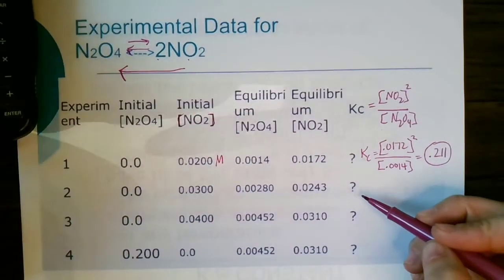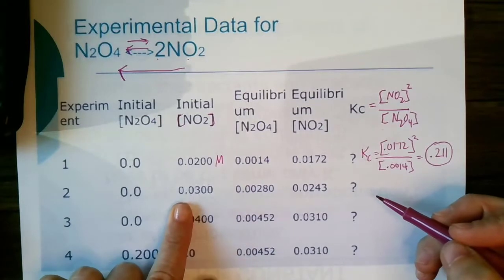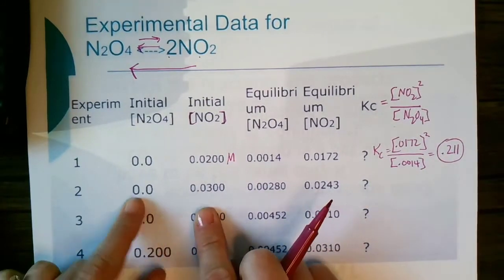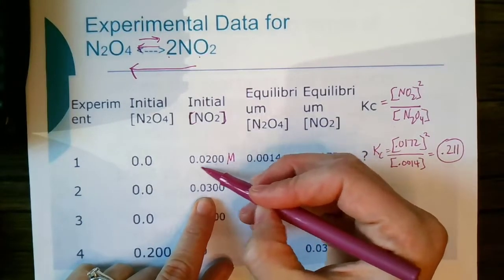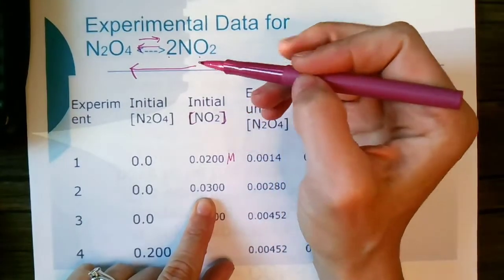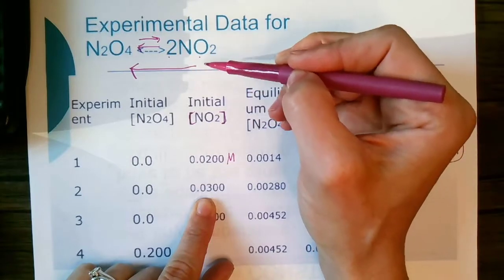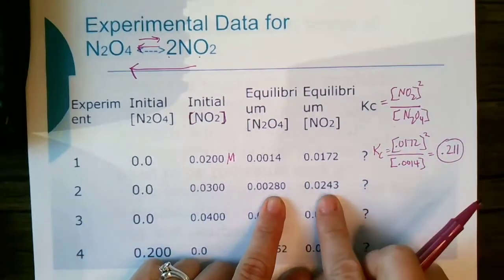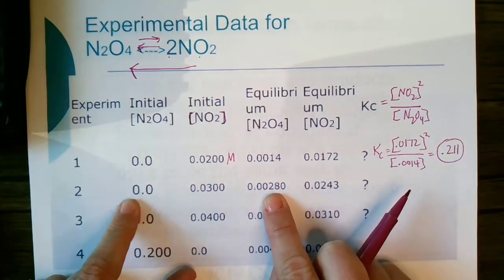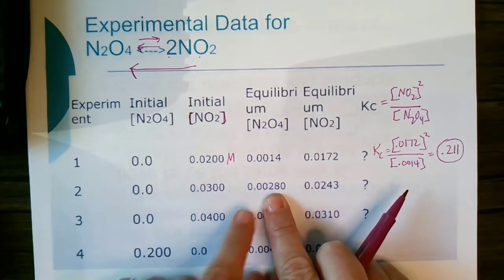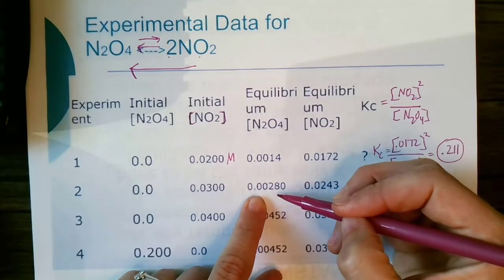Now let's look at experiment number 2. Experiment number 2, we initially started with the same 0, but my concentration changed. I went from 0.02 to 0.03, so I have a higher concentration of NO2. And at equilibrium, we can see that not the same concentrations here. My N2O4 increased.